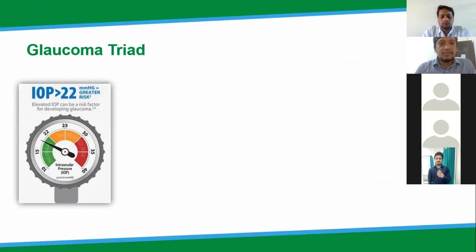Glaucoma is a group of diseases where you basically see a triad of problems. First, in glaucoma patients you will see intraocular pressure constantly rise, mostly more than 22 mm of Hg. If someone has intraocular pressure more than 22 millimeter of mercury, that comes under risk of glaucoma.